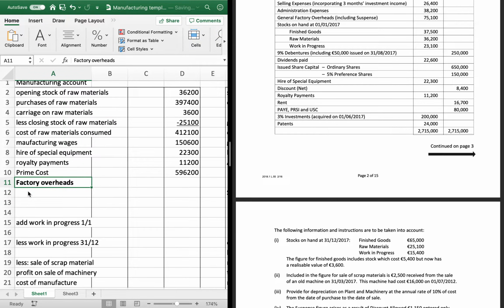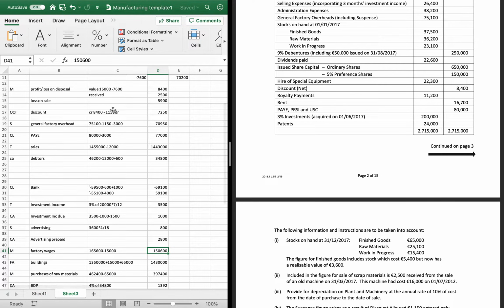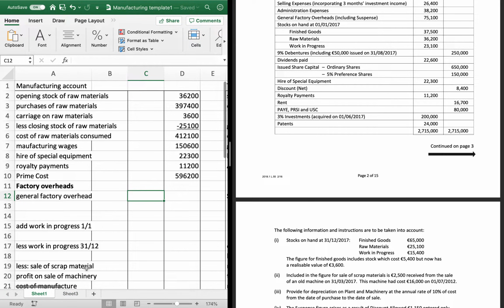Now from there you're onto your factory overheads. So what have we got? Well, we've got our general factory overheads that we always have. These are all of our other expenses really from our trading profit and loss account. So general factory overheads had changed. They're 79,500. They were the ones that incorporated the suspense. We have anything to do with our plant and machinery.